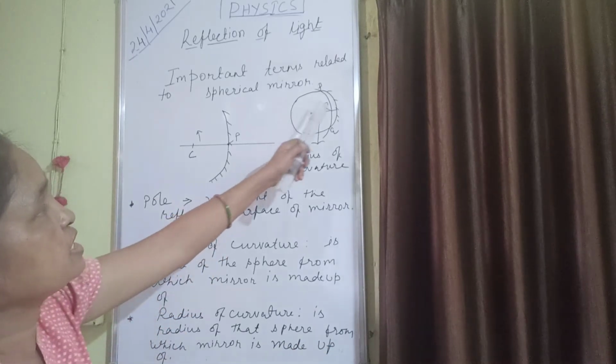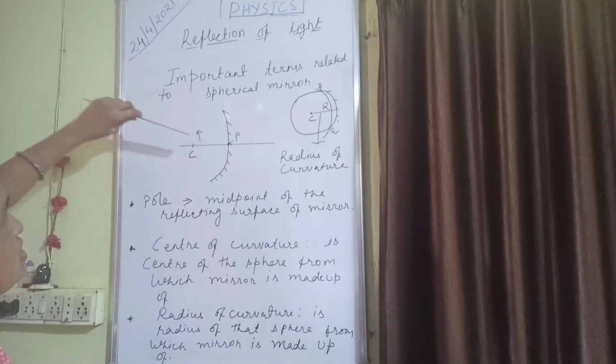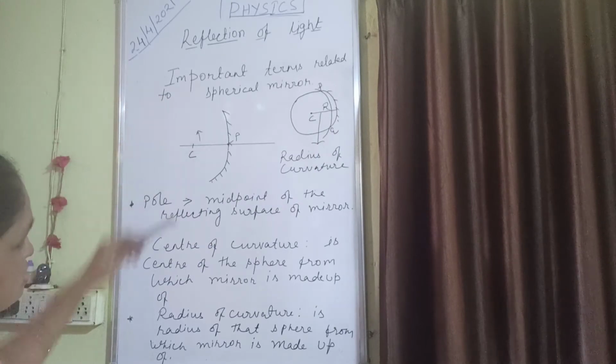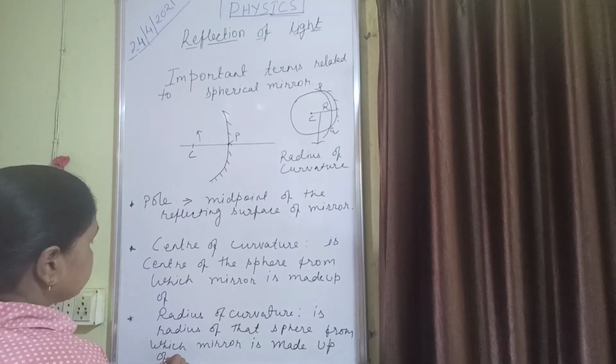So if you draw this from C to P, this is the radius of curvature.